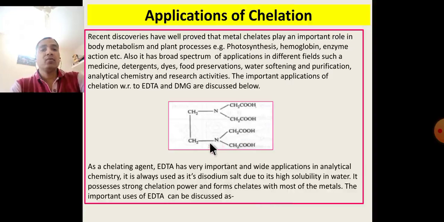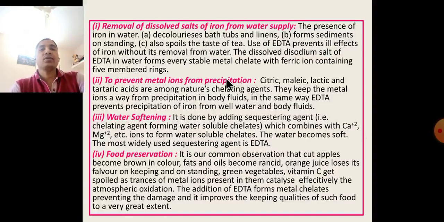Donor atoms 1, 2, 3, 4, 5, and 6. That is, EDTA is a hexadentate ligand. First application, removal of dissolved salt of iron from water supply.